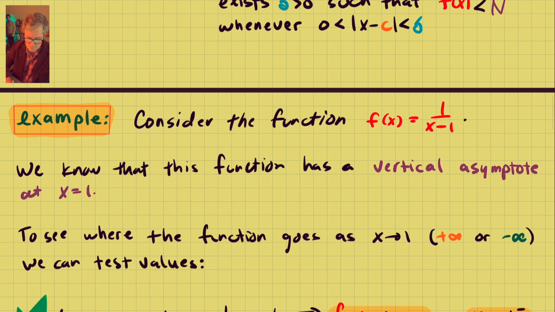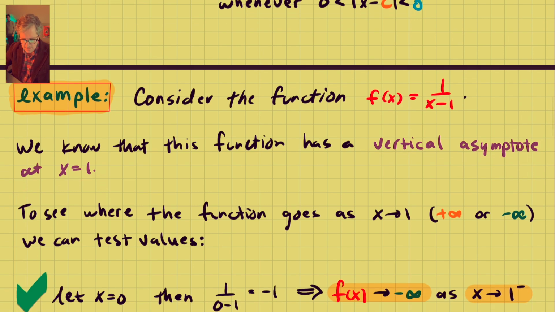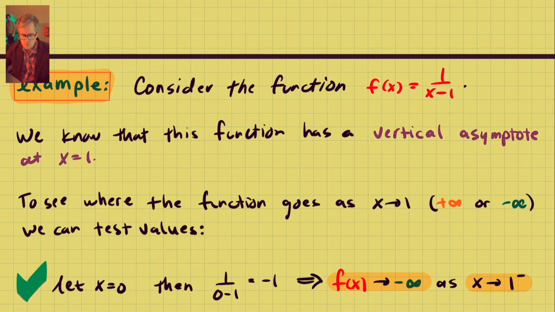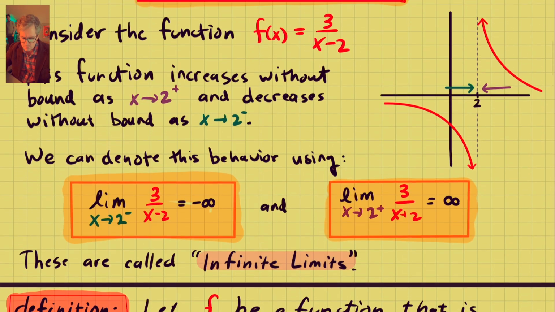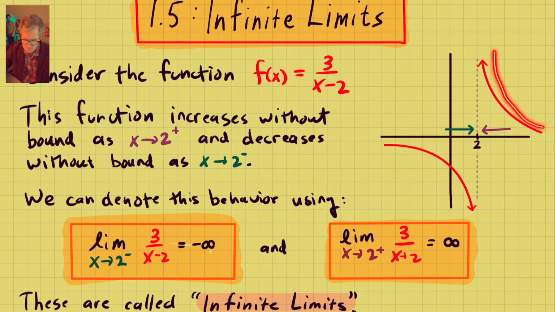Okay, so we know that the function has a vertical asymptote at x equals 1. Now, how do I know if the function goes to positive infinity or to negative infinity? Maybe both sides go to negative infinity, or both sides go to positive infinity. How do I know? How do I test this?